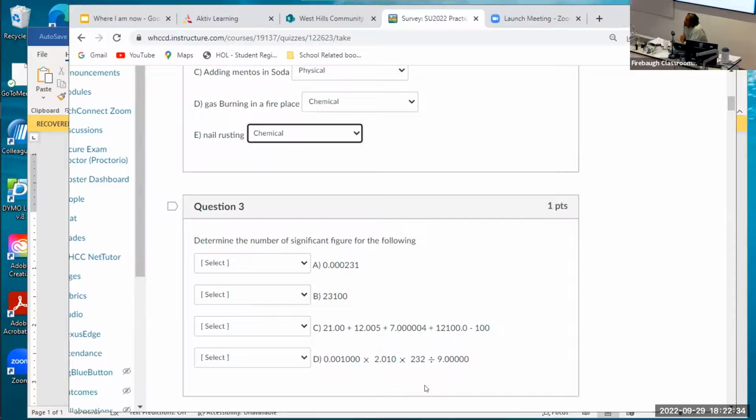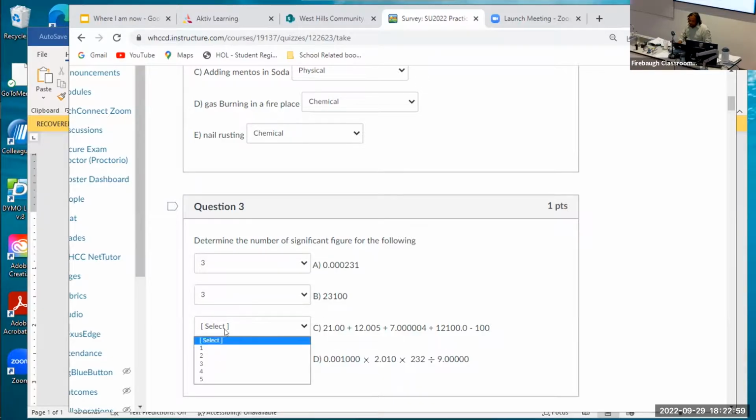Okay, so determine the number of significant figures for the following. A, 3. B, 3, 5. 3 is the correct answer? C, 3. That's right.